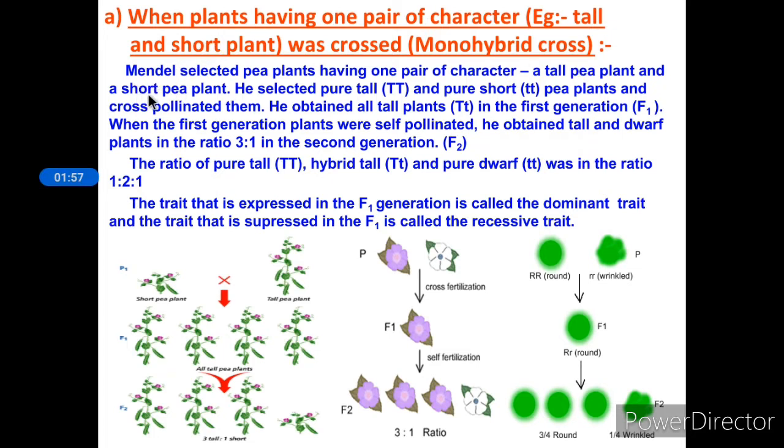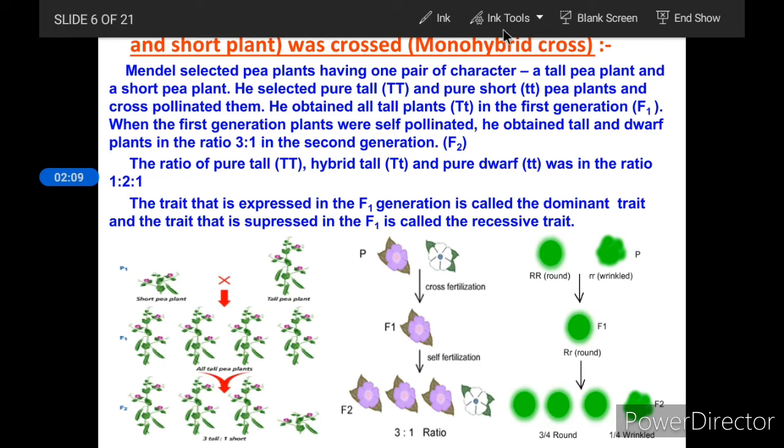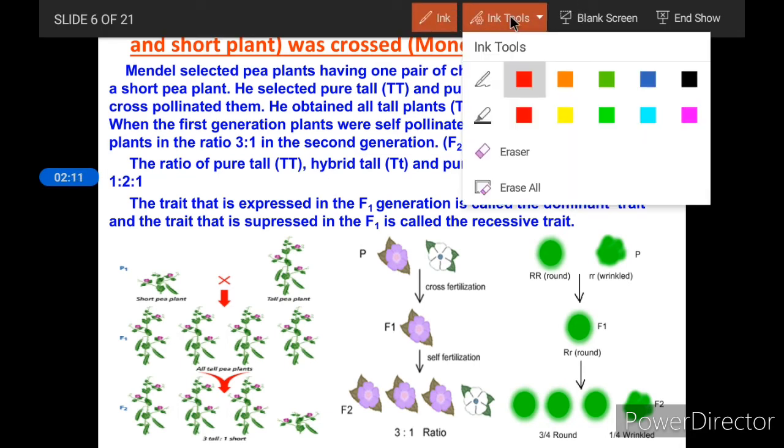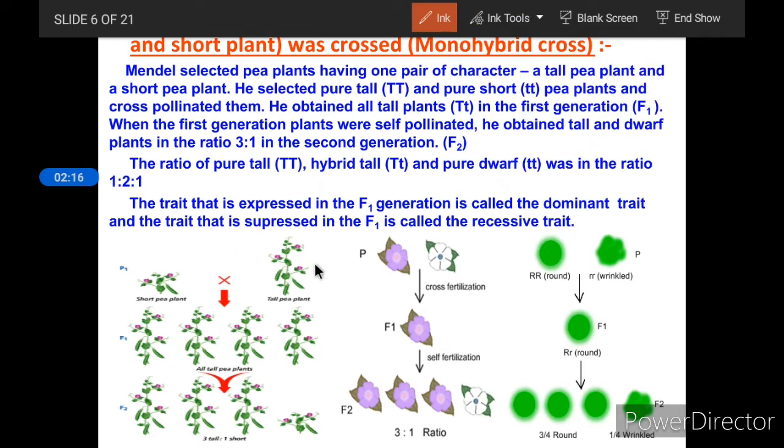He selected a pure tall plant, which is represented as capital T, capital T, and a pure short plant, which you can see here is small t, small t. And it was cross pollinated.